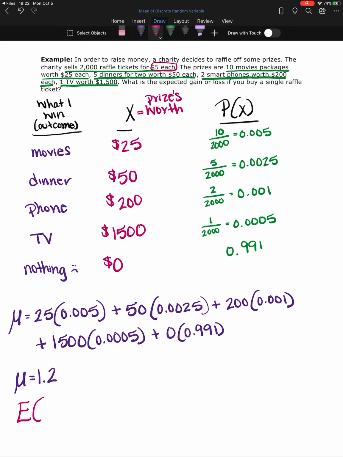So then the expected value, E of X, the expected value of these prizes, is the average 1.2 minus the cost. So people who participate in this raffle can expect to lose an average of $3.80.